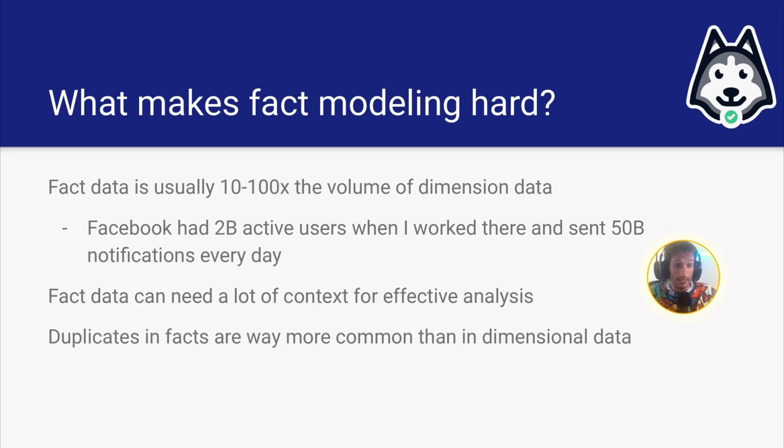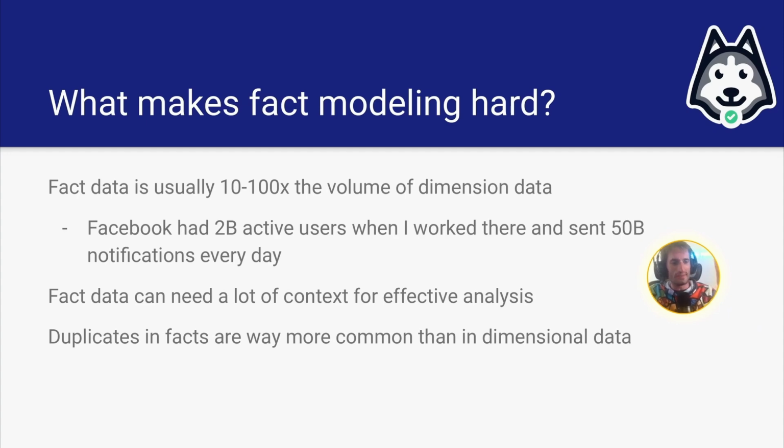For example, in notifications, you can send a notification, you click on it in hour 1, and then you click on it again in hour 7. Those are both genuine actions that we want to log, but we don't want to count that as 2, because then we could have it where our click-through rate is 200%, which doesn't even make sense.